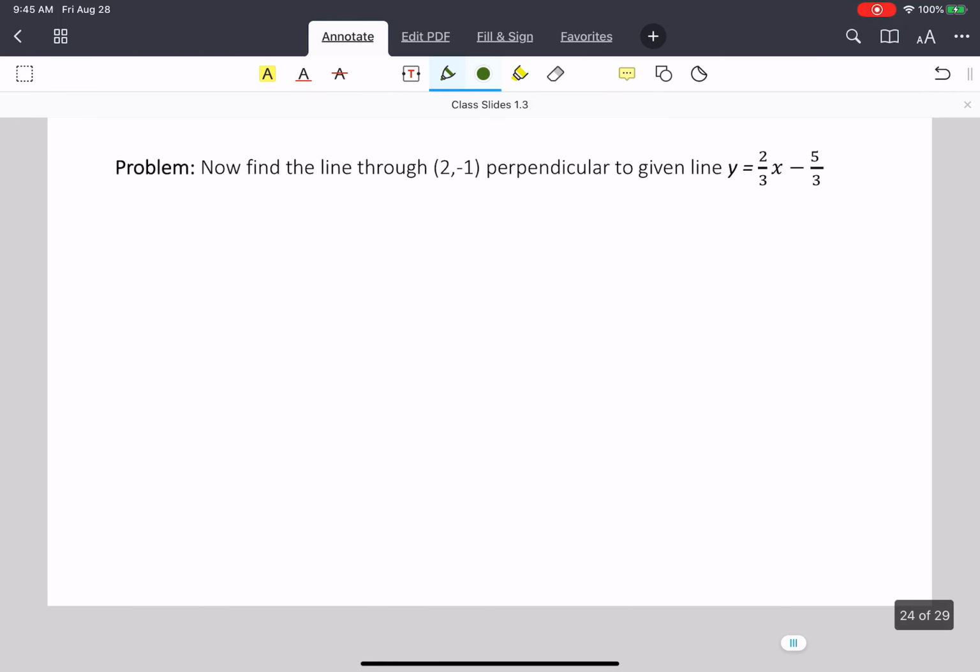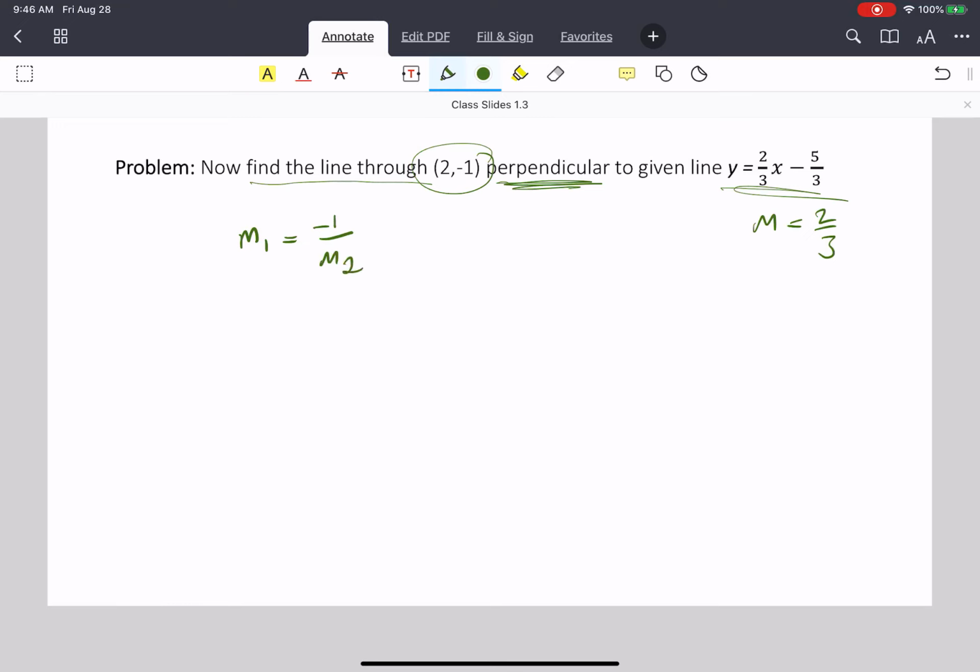All right, so next we're going to find the line that passes through that given point but is perpendicular to this line. This line has the slope 2/3, that's what we know. What we know about perpendicular lines is that their slopes are negative reciprocals of each other. So the slope of one has to be negative 1 over m2.